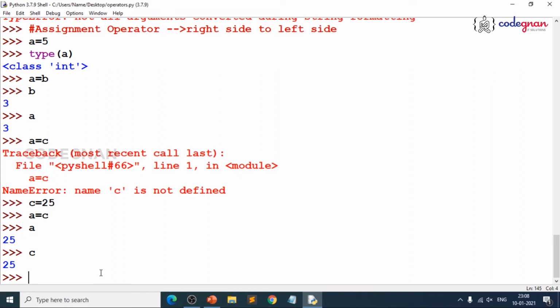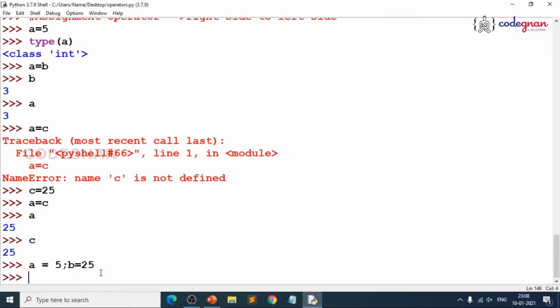Now we can also understand the different types of assignment operators, where you start with assignment, which we have already discussed. Now a is 5, b is 25, where you use this symbol which is equal to, where you are assigning the values, a is equal to 5. Because when you go for comparison, it is double equal to, where you compare.